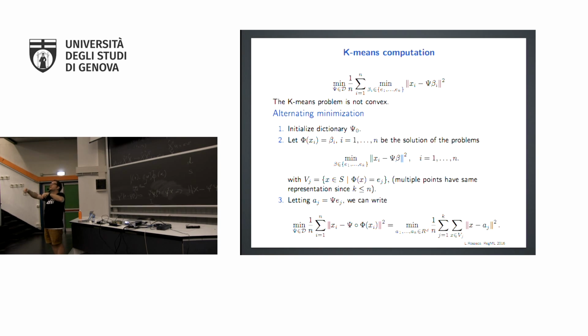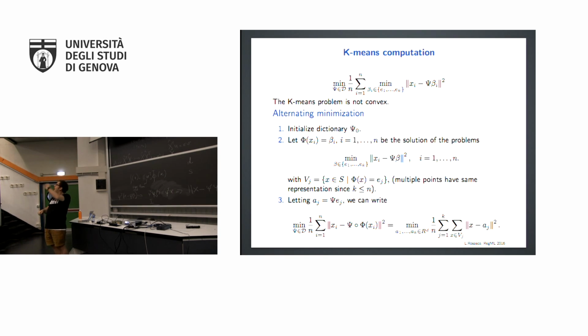Here I'm choosing a bunch of columns at random, which are just the elements of the dictionary, okay? Then I assign each point to the centers. That is, I find the column of the dictionary matrix closer to each input point. By doing this, I made a partition of the full space into regions that are described by one center or one column of my dictionary matrix. And this is somewhat the clustering perspective of k-means, collecting together all the points that are close to the same column of the dictionary. And this is the first step.